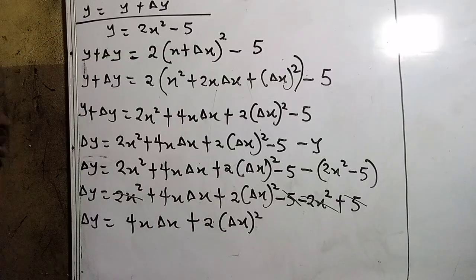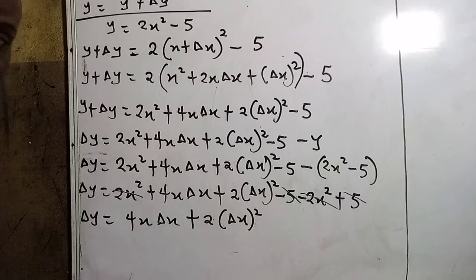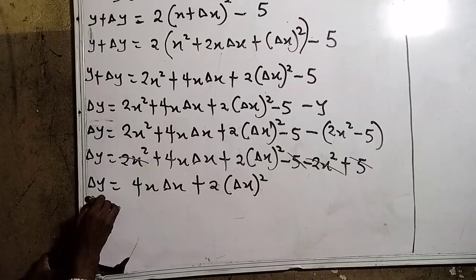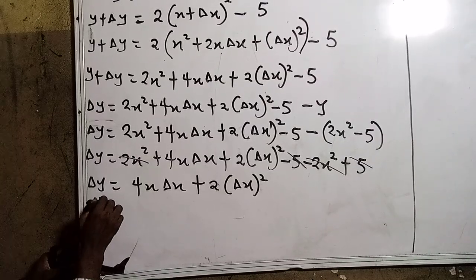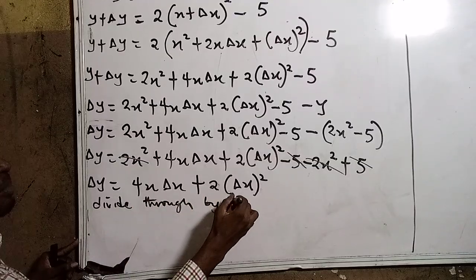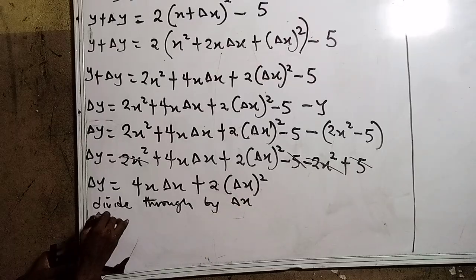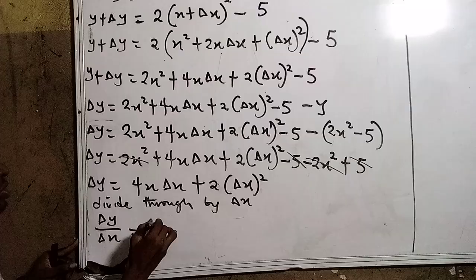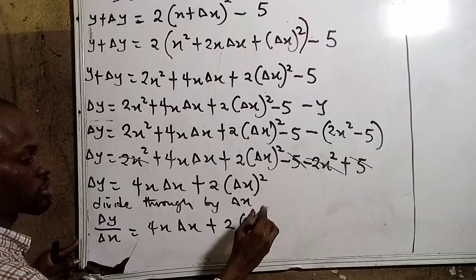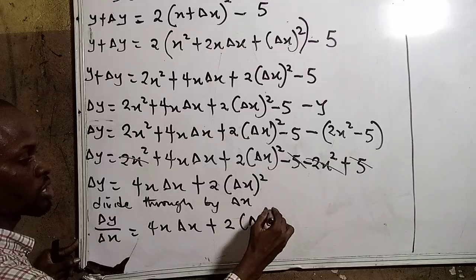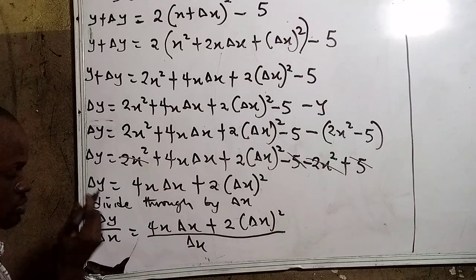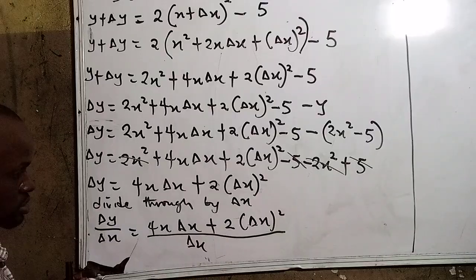So the next thing we need to do now is to do what? Is to divide through by what? By dx. So let's try to divide through by dx. Dividing through by dx, what do we have? dy over dx is equal to 4x dx plus 2 into bracket dx all squared, then everything I have there to divide by dx. We have one dx here, we also have a dx here.